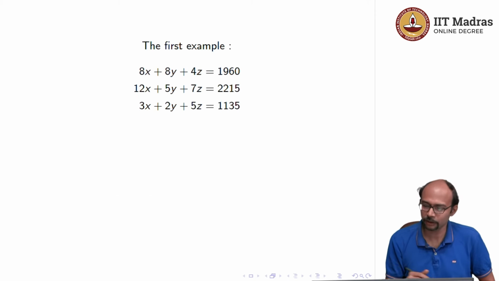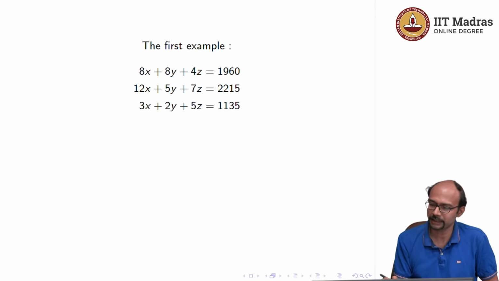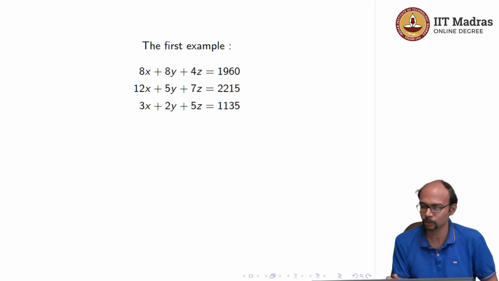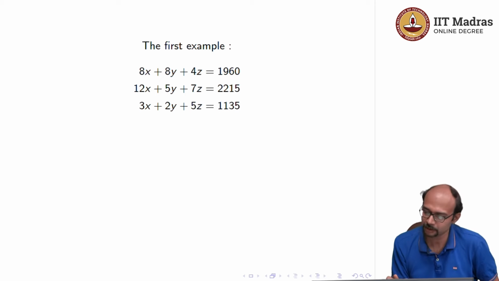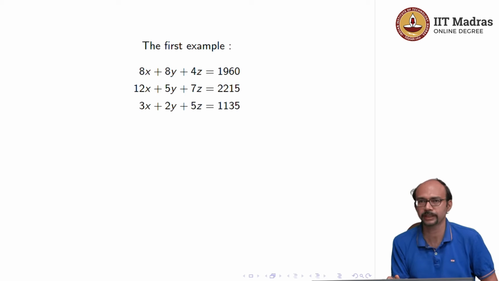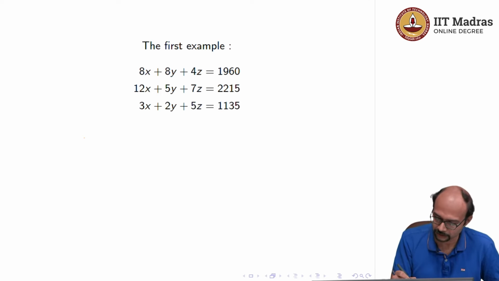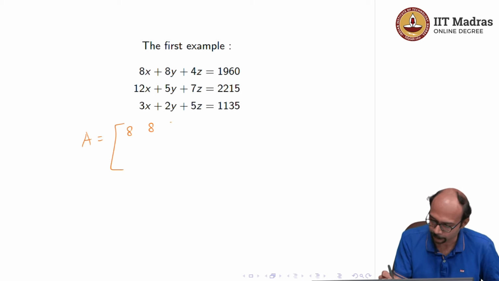Let's look at our first example. This was 8x plus 8y plus 4z is 1960, 12x plus 5y plus 7z is 2215, 3x plus 2y plus 5z is 1135. How do we write this in terms of matrices? The coefficient matrix here is going to be 8, 8, 4, 12, 5, 7 and 3, 2, 5.